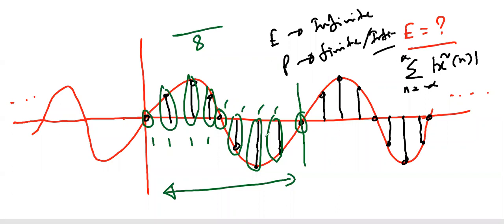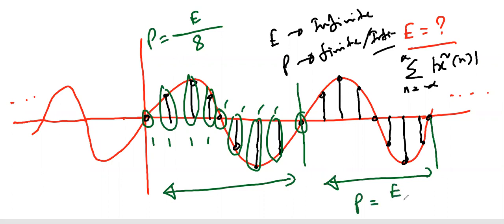And what is the total energy, the square of that? Okay, so let's put it like this: E divided by 8 is the power of the first cycle. Then what is the power of the second cycle? It must be the same, since this is a periodic signal. So P is equal to E divided by 8, the same.